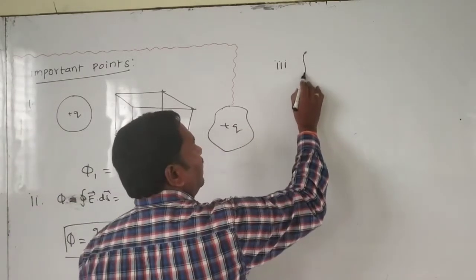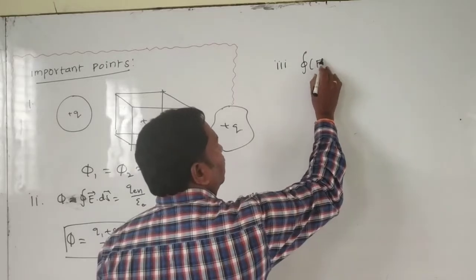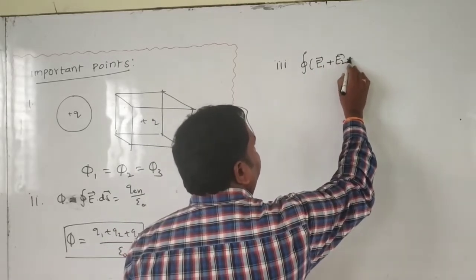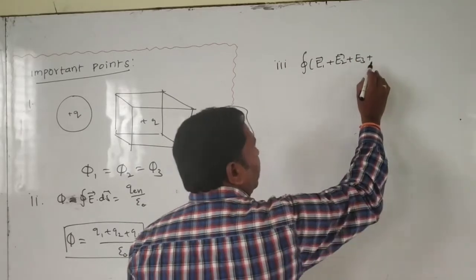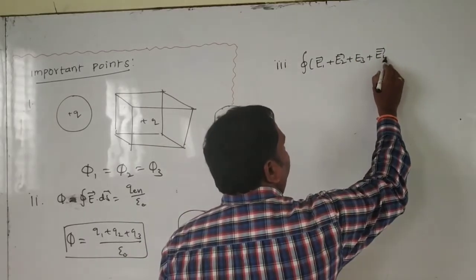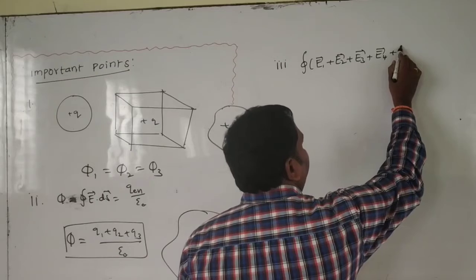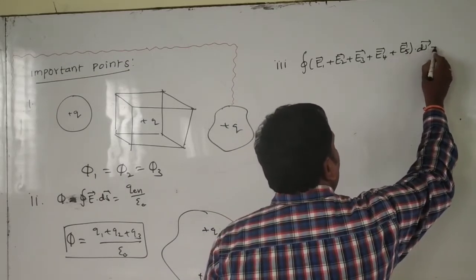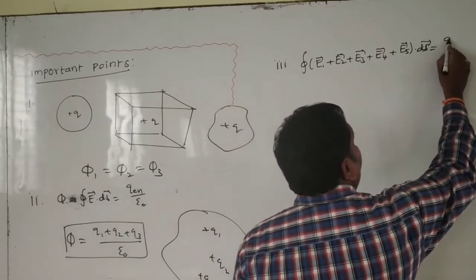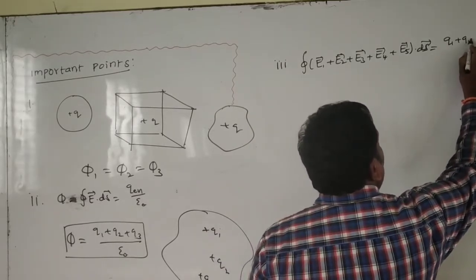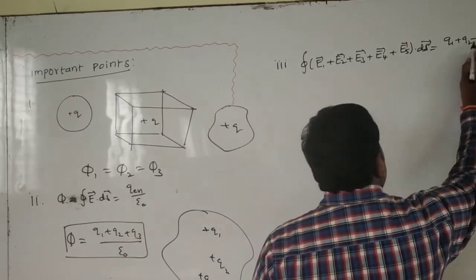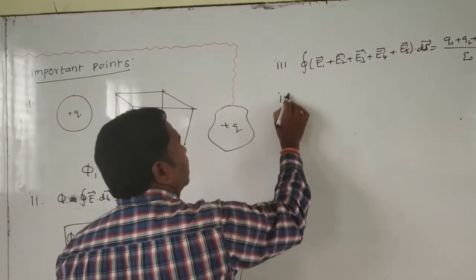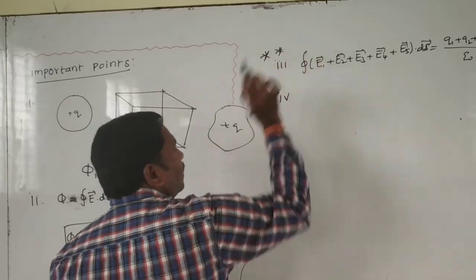So integral of E1 bar plus E2 bar plus E3 bar plus E4 plus E5 dot ds bar. But the charge is only the inside charge. Inside charge only.